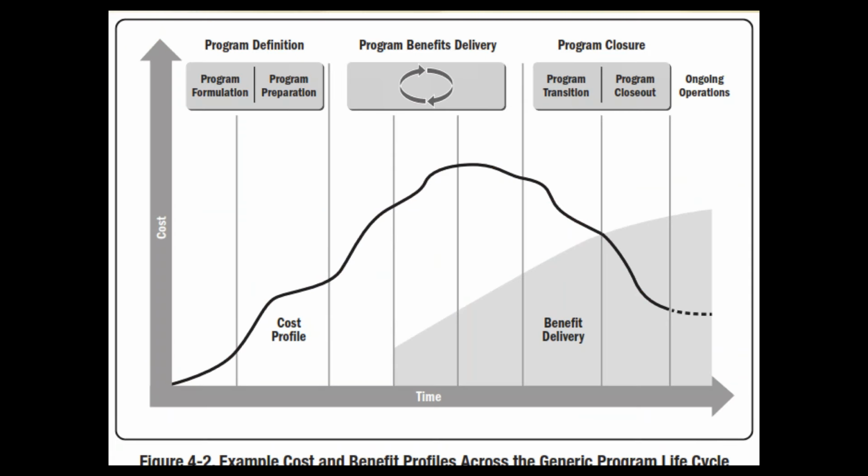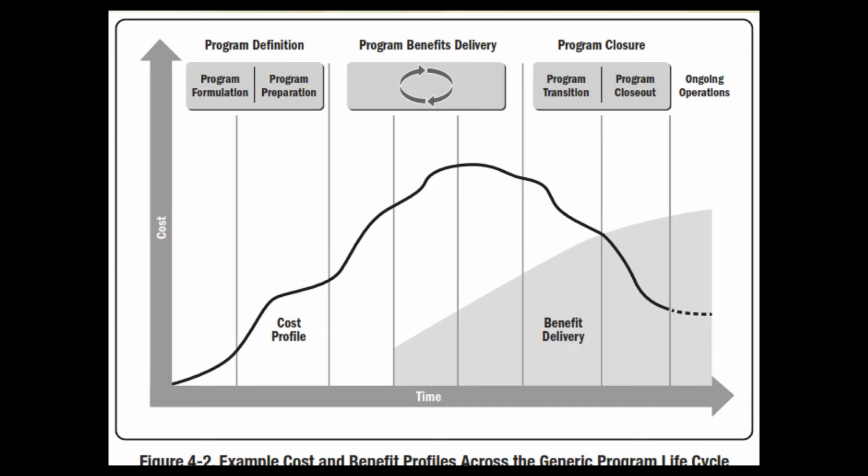Just have a look at this diagram. Just like in the project life cycle, this is the life cycle of the program, and this is like a very complex mountain which has many ups and downs. But if I compare it with the life cycle, you see when the program is being formulated, we are exponentially increasing our cost.